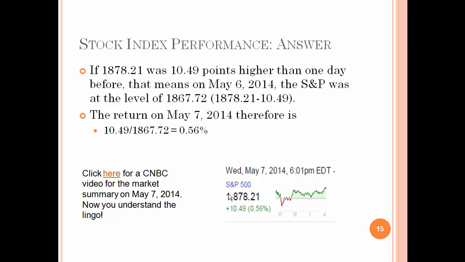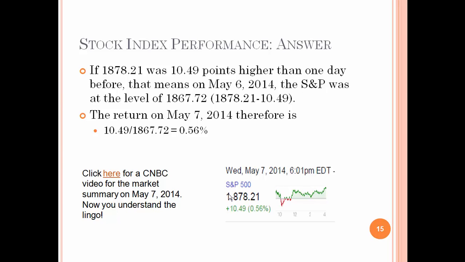So the return on May 7th of 2014 would be this change, this increase, 10.49, divided by the base level, which is the value as of May 6th of 2014. So 10.49 divided by 1867.72, you have a 0.56% increase, or growth, in one day, from May 6th to May 7th of 2014.